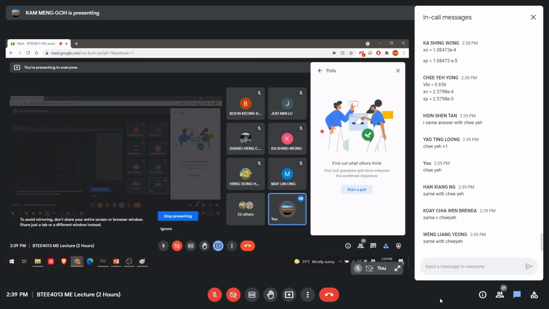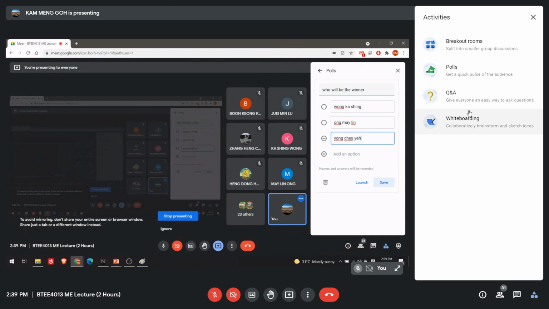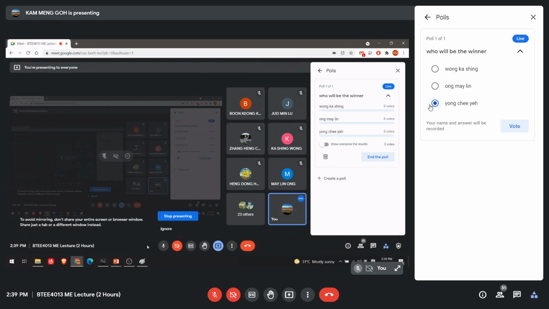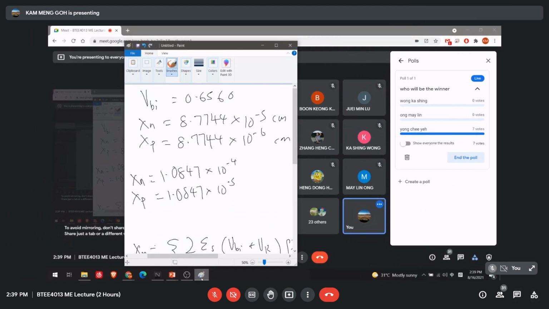Okay, maybe I delete this word. Who will be the winner? Wong Ka-sing and then Ong Mei Ling and Yong TA. Let's see. Who wins? Okay. Yong TA 7 votes. 10, 12, 15. What about Ong Mei Ling and Wong Ka-sing? At least you vote for yourself now, right?